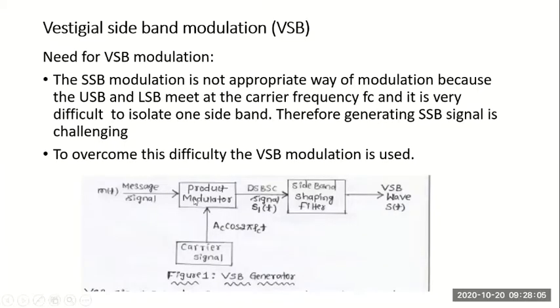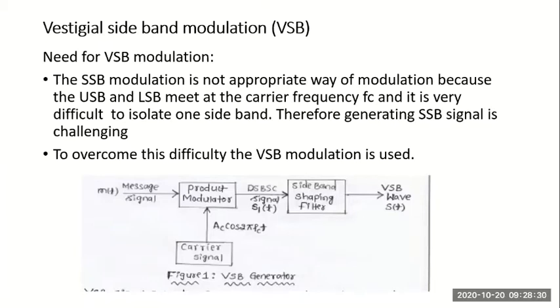Okay. So once you get your DSB-SC signal, remember this DSB-SC signal has both the sidebands attached. There is no gap between the two sidebands because this is an image or video signal, and I'll use a bandpass filter. Here we will rename that filter as sideband shaping filter.